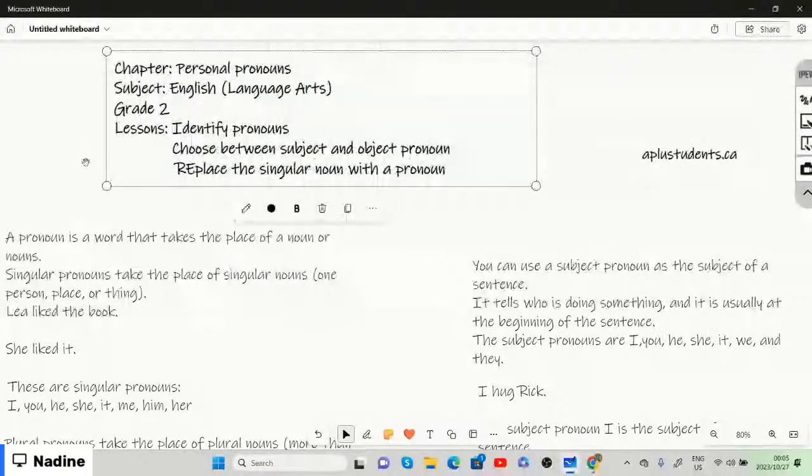Our lessons are to identify pronouns, to choose between the subject and object pronoun, as well as to replace the singular noun with a pronoun.